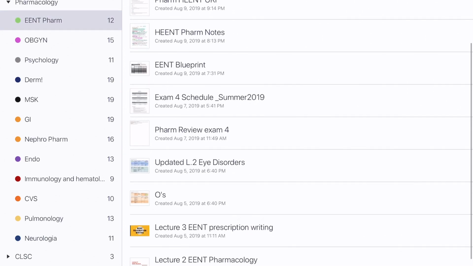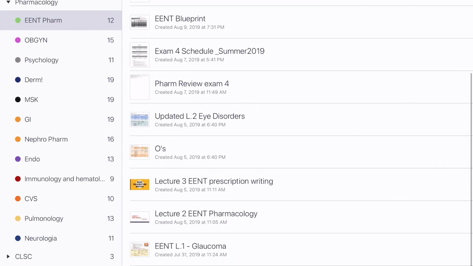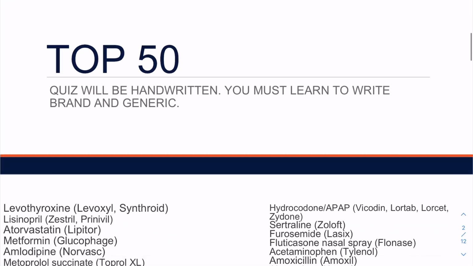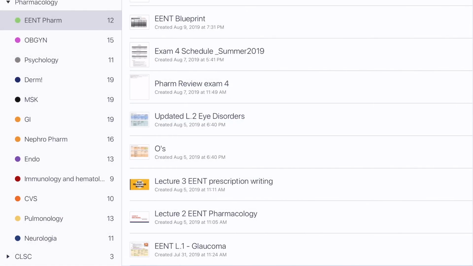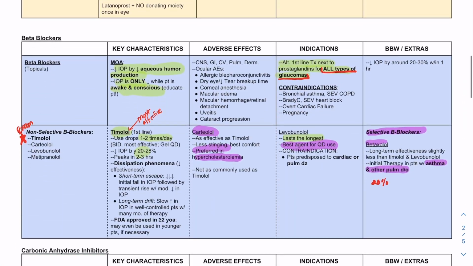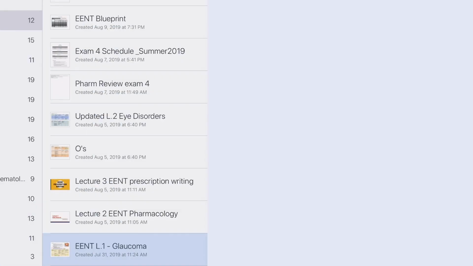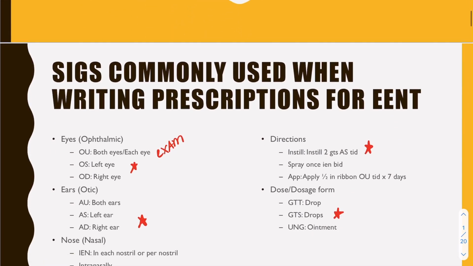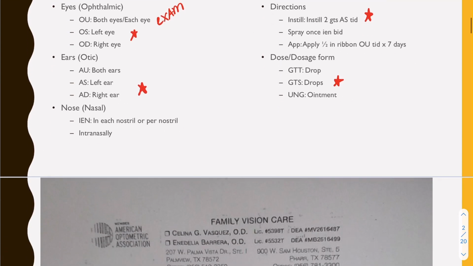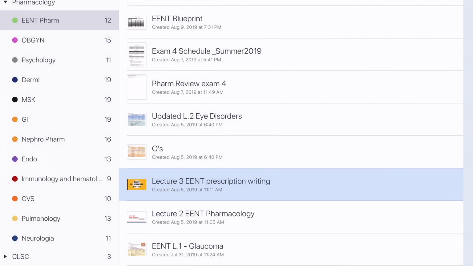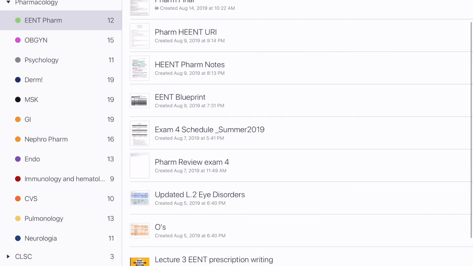As you can see, I have a pharmacology tab, and underneath that I have subtabs depending on what organ system we are studying for my didactic year. Here I have it divided into HENT, cardio, neuro, and in each one of those subtabs, I put whatever study material I used to study for that exam.